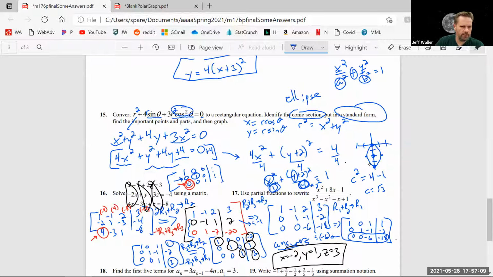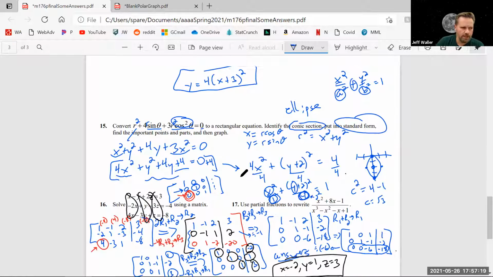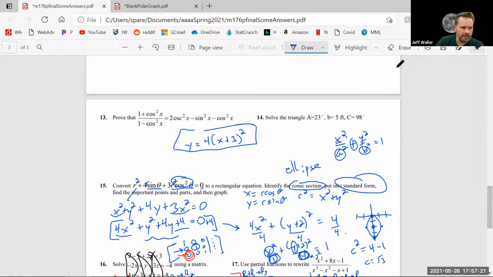Let's see. So that sort of morphed away from the original question. The original question was just translating from polar to rectangular and vice versa. So what if I had, let's see, erase this guy.